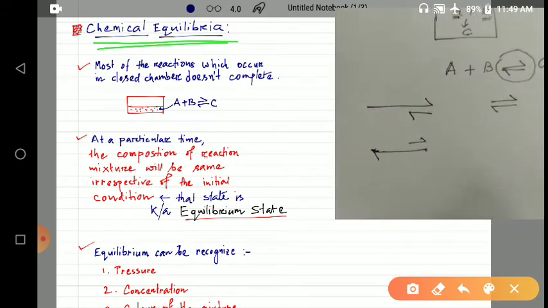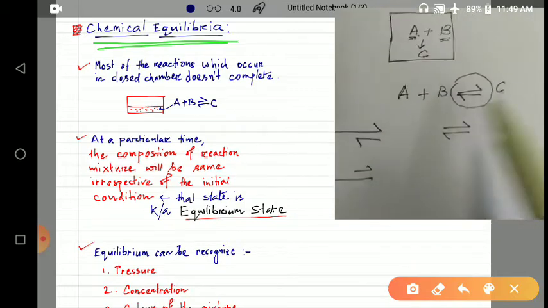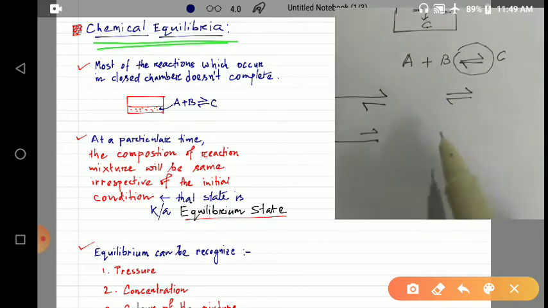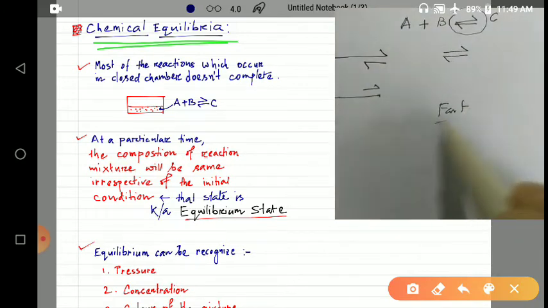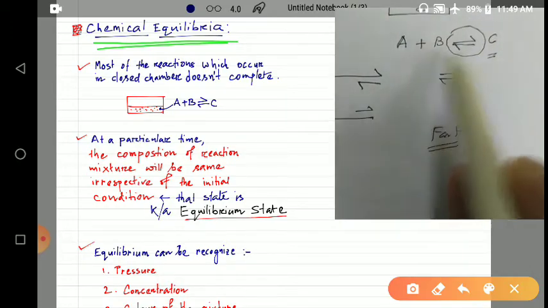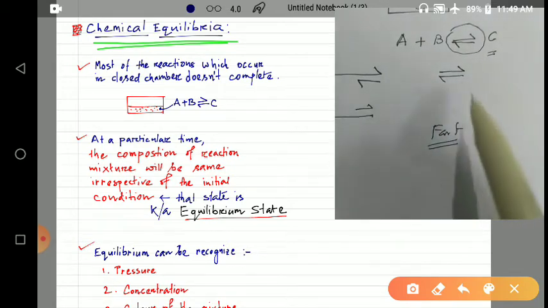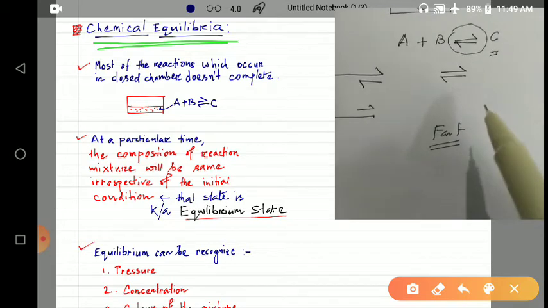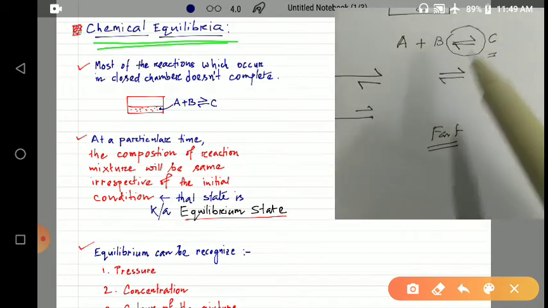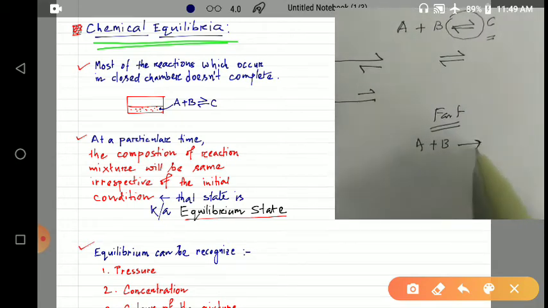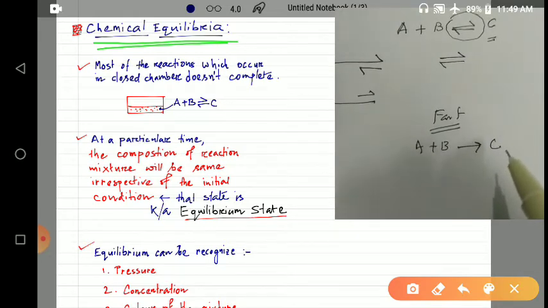So I hope you understand the concept of reversibility, and mainly fast reactions. If the reaction is very fast, that means if the product forms very rapidly, then we usually cannot apply the reversible case. The concept behind it is that if the reaction is fast, A will form C directly, and you can get the product in a very little amount of time.